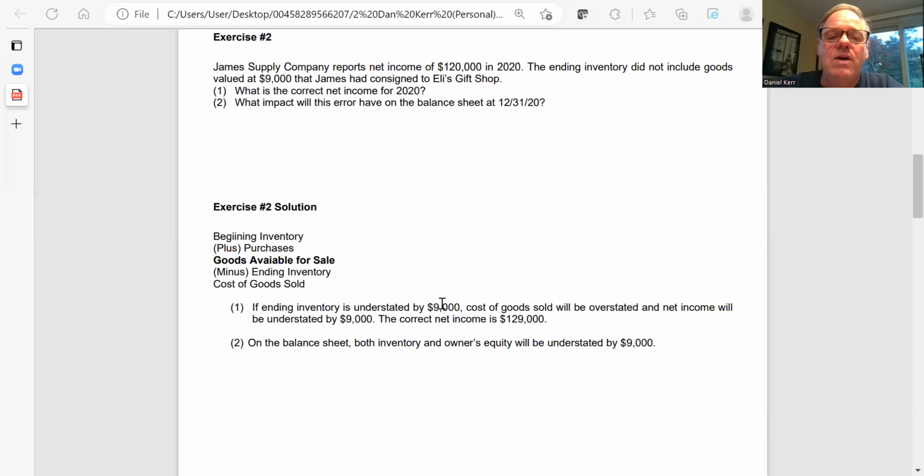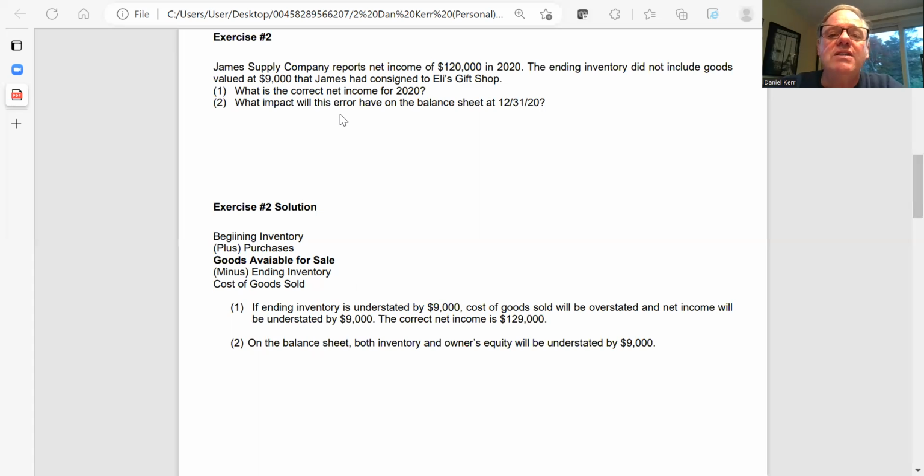Well, before we answer that question, we have to ask, what is the impact of the error that we made? So look at the cost of goods sold calculation, which I put down here below. Beginning inventory plus purchases gives us goods available. That which is not in ending inventory ends up as an expense in cost of goods sold on the income statement.